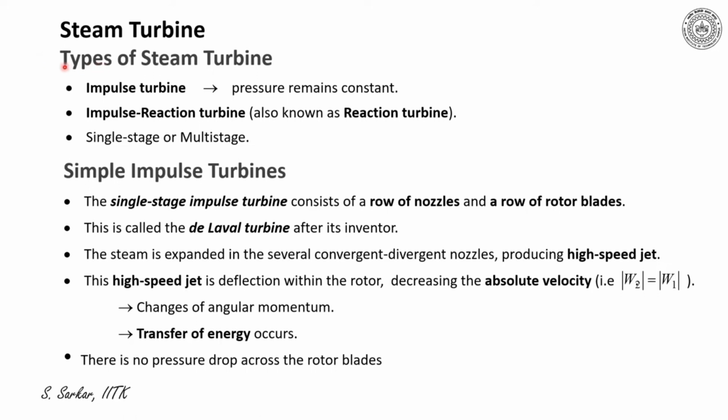So types of turbine that are used in practice are impulse or reaction turbine. The impulse turbine can be classified as one where the pressure in the rotor remains constant, while in impulse reaction turbine, or simply known as reaction turbine, the pressure in the rotor decreases.